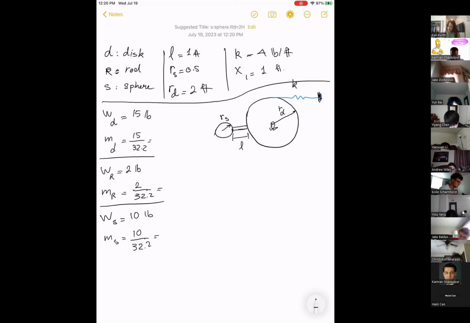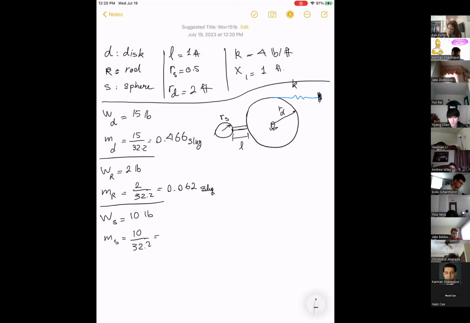Let me calculate these numbers for the mass. So 15 divided by 32.2, 0.466 slug. 2 divided by 32.2, 0.062 slug.